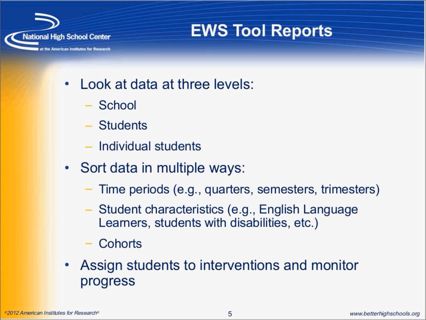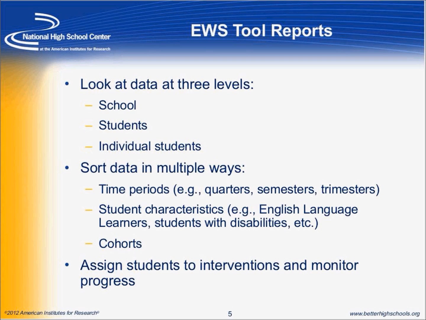First, just some background information about our EWS tool reports. You can look at data at 3 levels: the school level, which is the entire school, the student subgroup level, which focuses on subgroups of students, and the individual student level.